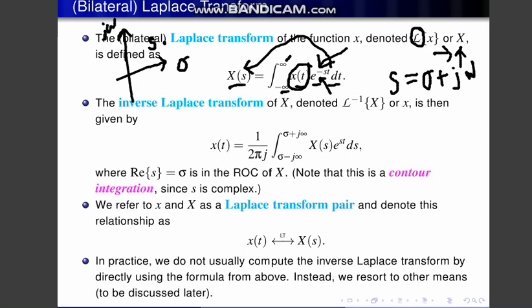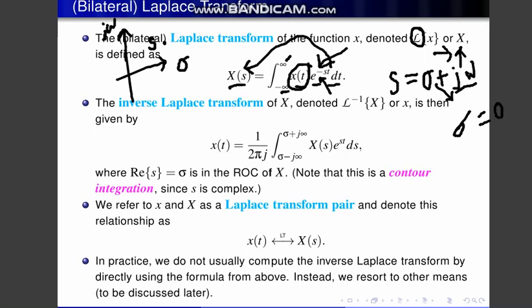It's a complex value. When sigma is 0, there is no real part in the s plane, then it reduces to the Fourier transform. So there is a relationship between the Fourier transform and the Laplace transform, but the equations are quite similar.